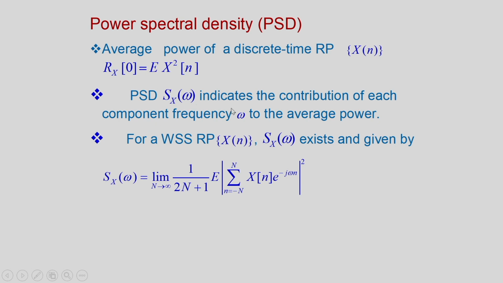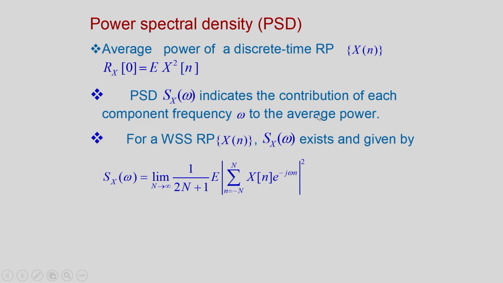So, if we integrate S_x(ω) over all ω, then we will get the average power. So, E[x²[n]] is equal to the integration of S_x(ω) dω. This way we can define S_x(ω).